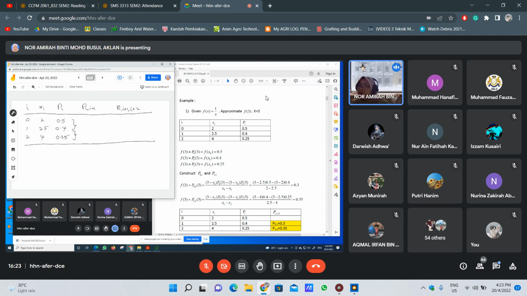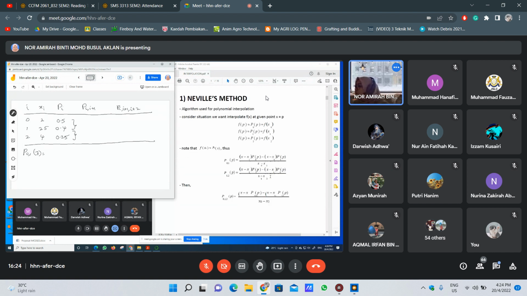Okay. To find P01, the formula is yang ni. Apa dia tadi? So sebab the value that they want adalah 3 kan, x equals to 3. So make sure you tulislah 3 so that you will not tersilap. So meaning dekat sini, this is the formula.